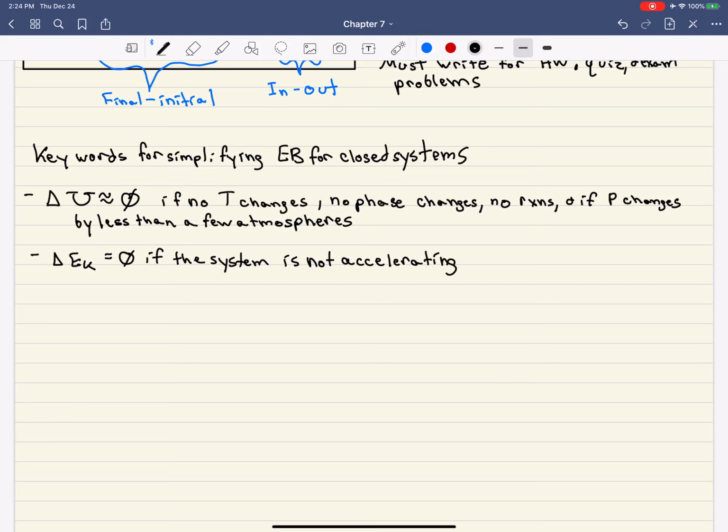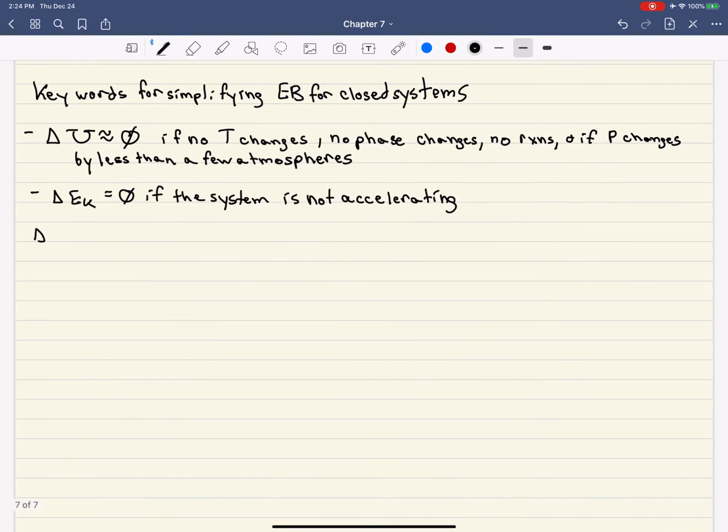And if the velocity and mass are the same at the initial and final states, that means that the difference in the kinetic energy is going to be equal to 0. Similarly, the change in potential energy will be equal to 0 if your system stays at the same height throughout the entire process. So if the system is not rising or falling.